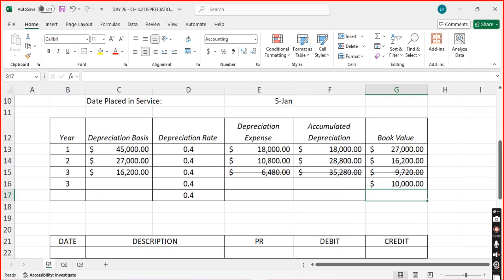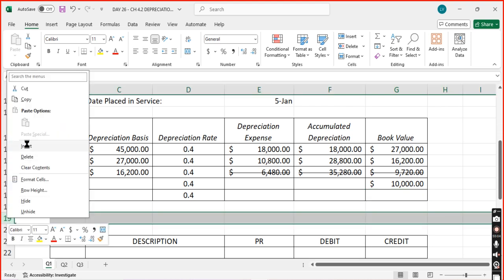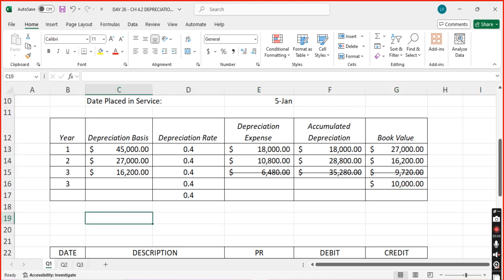So we know for the fact that your book value, if I do my formula, book value, I'm going to do BV for short, is going to be equal to, what is it? Okay, formula first. How do I solve for book value?